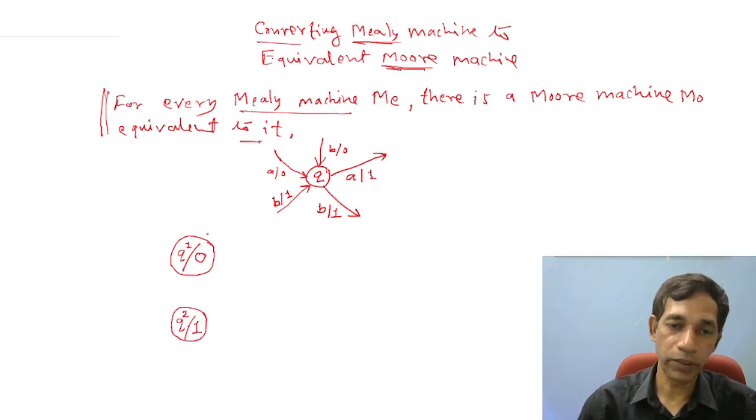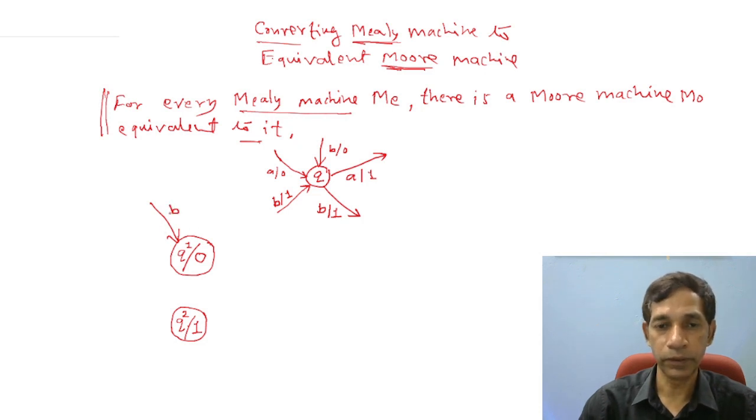Now the edges which are incoming to the Q and are printing the 0 should come to this. So what are the edges? The edges coming for the B. So now here we will have simply the label of the input.